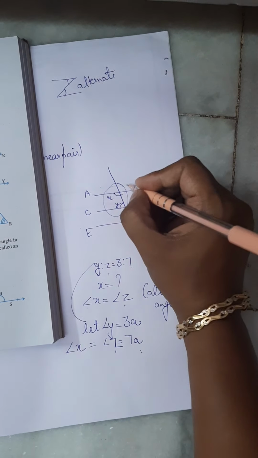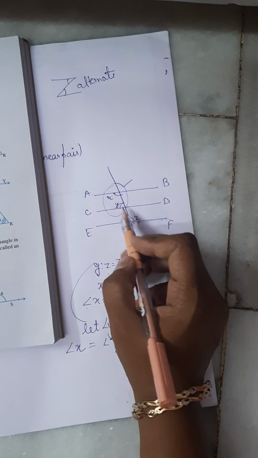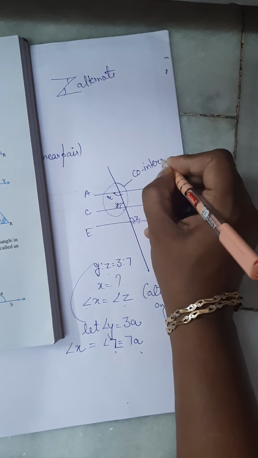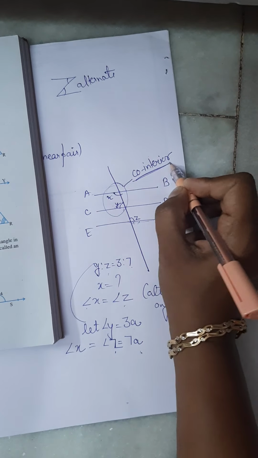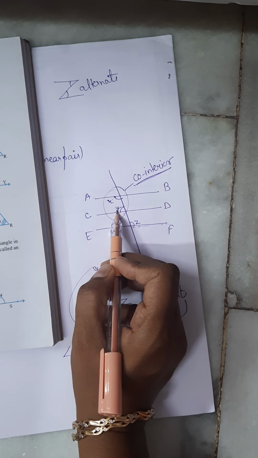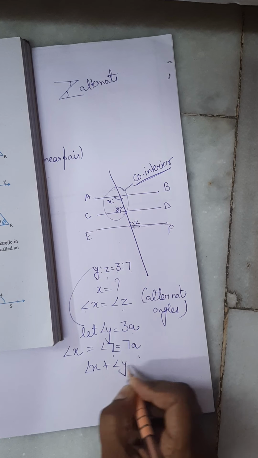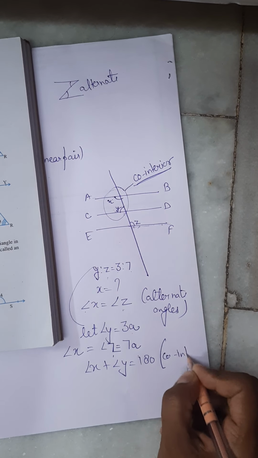Do you remember? They are on the same side of the transversal in the interior region. So which type of angles are they forming? Co-interior angles. And what is the property of co-interior angles? Their sum is 180. So use this relation. Angle x plus angle y is equal to 180.